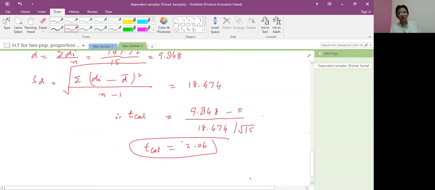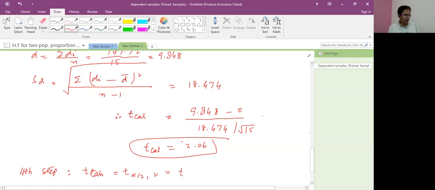So in the next step, student, the fourth step, we will determine the t tabulated value. The test is a two-tailed test. So the t tabulated value is t alpha by 2, and the degrees of freedom, student: n is 15, so 15 minus 1 is 14.